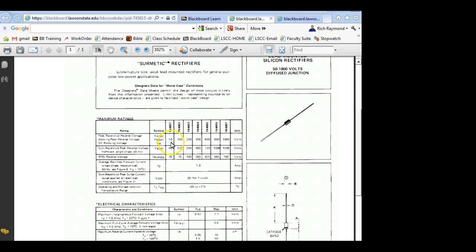The 4001 breaks over at 50 volts. 4002 breaks over at 100 volts. The 4003 is 200 volts, 400 volts, 600 volts, 800 volts, and then the 4007, which is 1,000 volts.